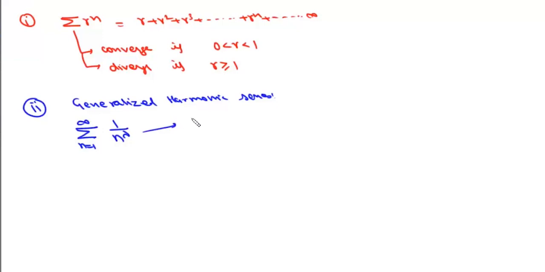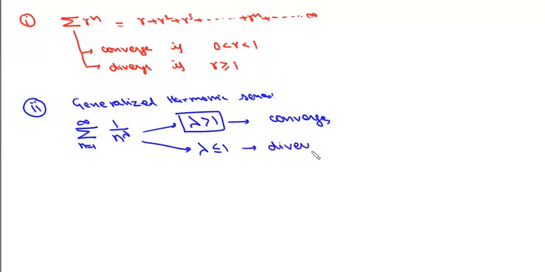Now if lambda is greater than 1, then this series converges, and if lambda is less than or equal to 1, then this series diverges. Now if we take lambda as 1, then this series becomes the harmonic series.